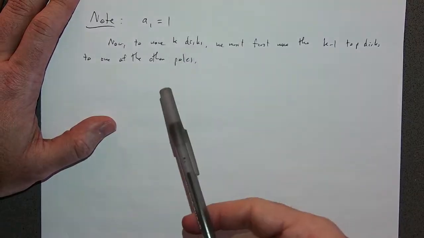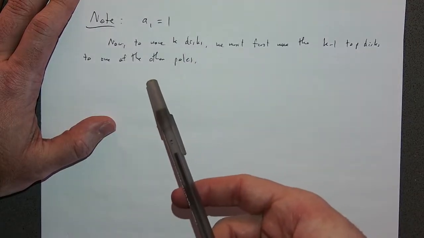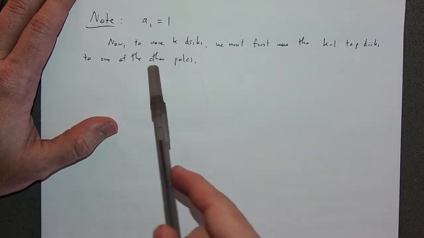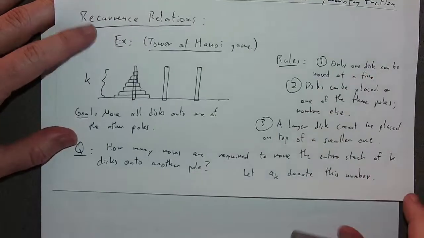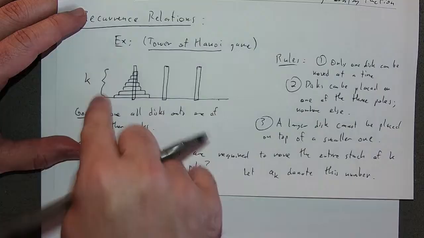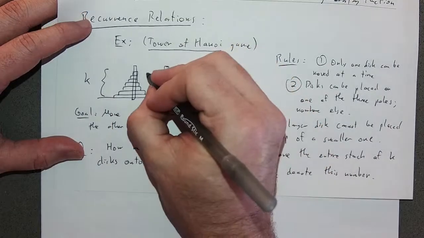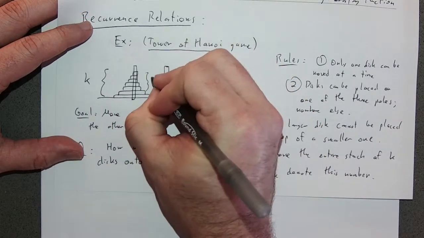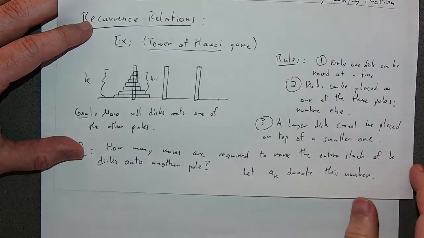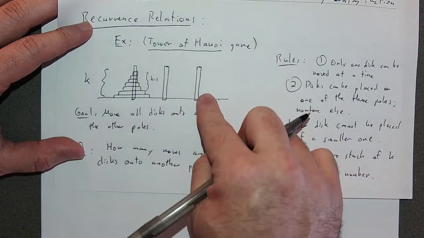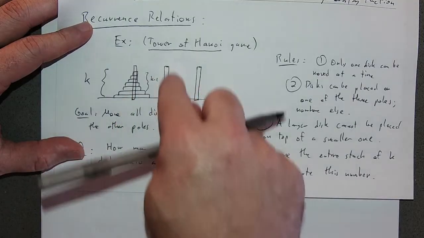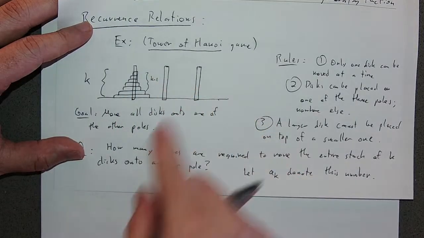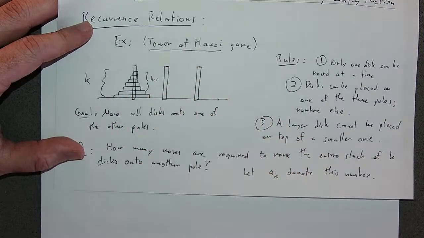Then move the stack of k minus 1 disks on top of that disk after I've moved it. Here's my whole stack of k disks. Let's suppose in this process I have moved these k minus 1 disks somewhere else on either of the poles. I could then move the bottom disk to the pole where they are not, and then move them onto that bottom disk.